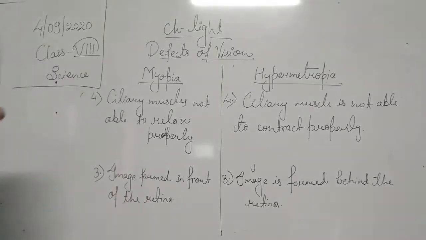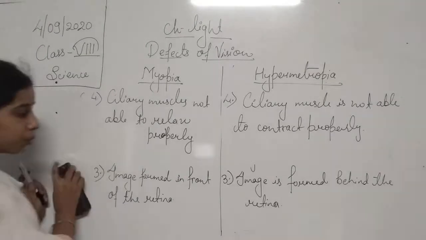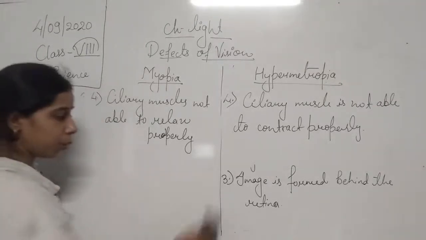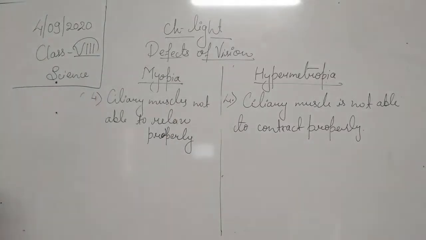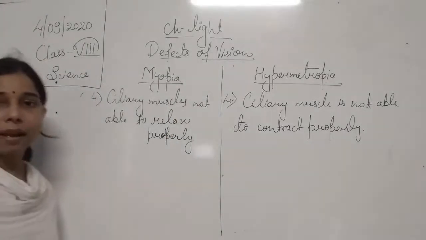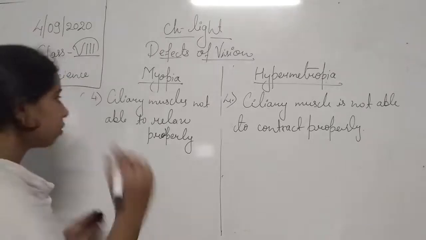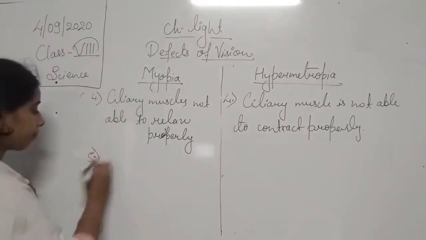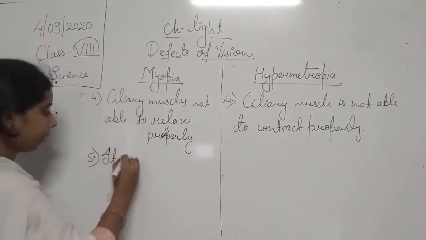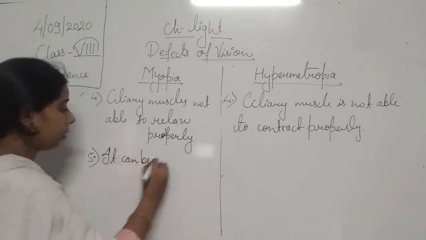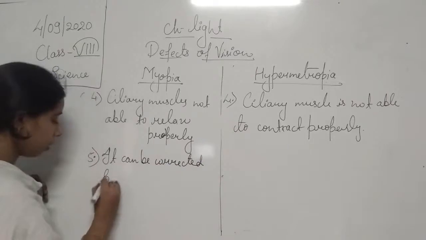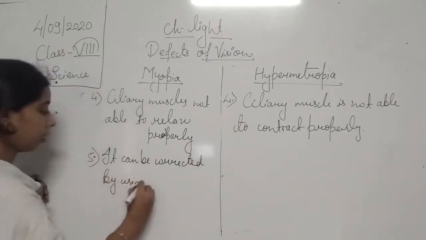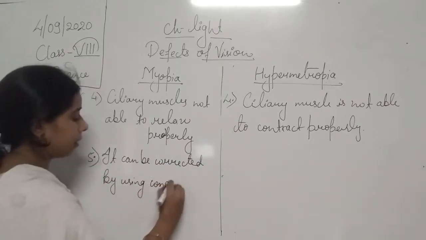How can we correct both of the defects, students? So in case of myopia and in case of hypermetropia, we can use a different lens, and this lens will help in correcting this problem. So you can write that it can be corrected by using concave lens.